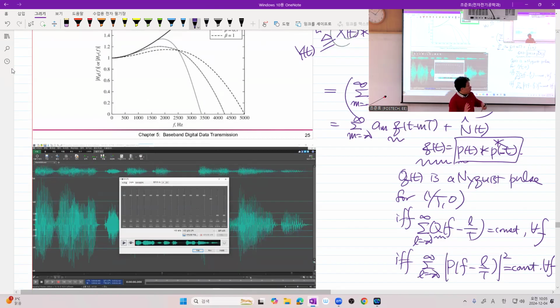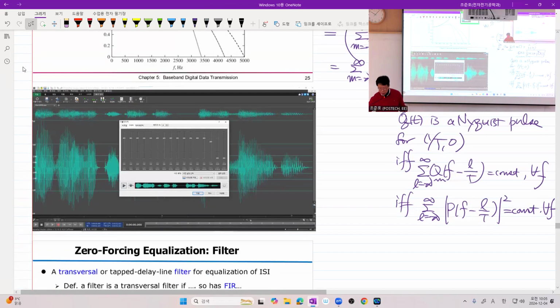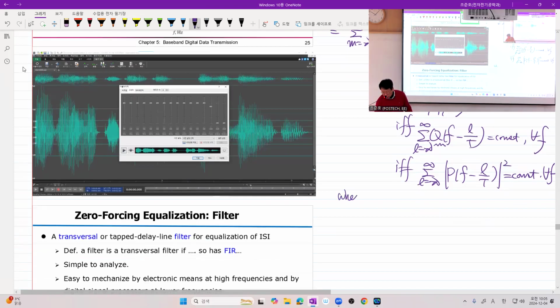What do we call this P of t? Q of t is a Nyquist pulse for the symbol transmission rate 1 over capital T and offset 0. Then P of t is called, if this condition is met, a square root Nyquist pulse.